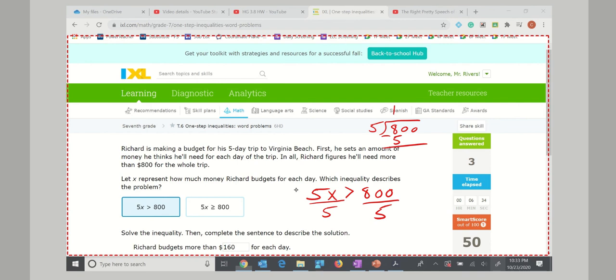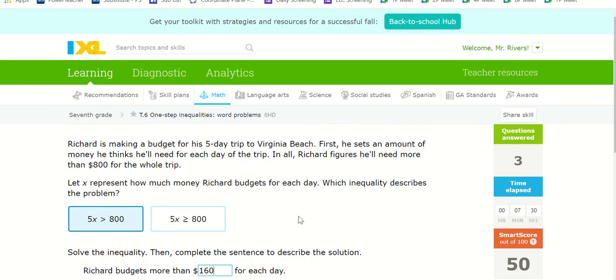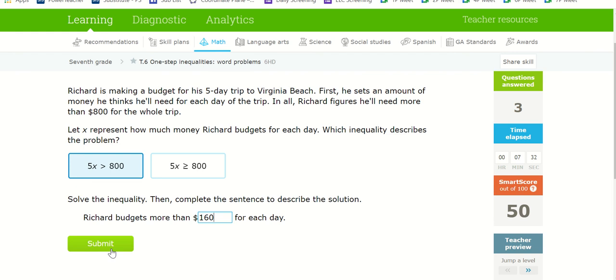We subtract. 8 minus 5 is 3. Bring down the 0. 5 goes into 30 6 times. 5 multiplied by 6 is 30. We subtract. We get 0. Bring down the 0. 5 goes into 0 0 times. So 160. I think that's what I said earlier. 160 is how much he expects to spend each day. There you go.